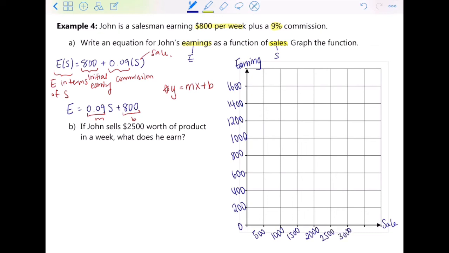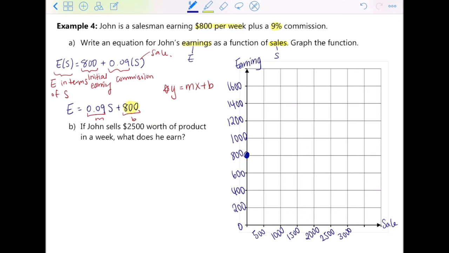All right, and so first, because we don't have a point to start, we can use the y-intercept here, which is 800. So 800 right here, this is the starting point, and we're going to go up by 0.09 over 1. The slope is really weird.